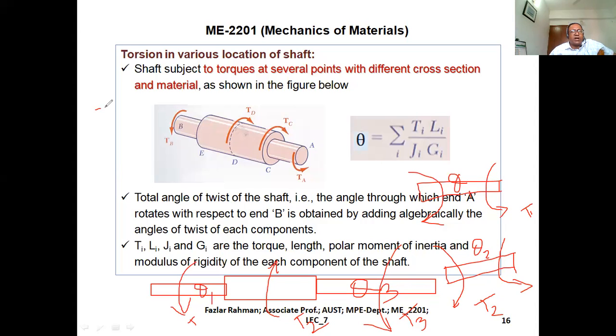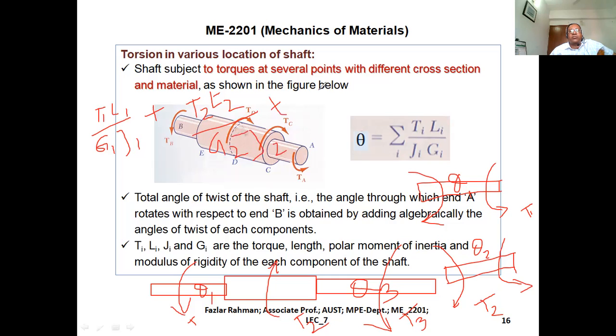So for shaft 1, you will have T1 L1 divided by G1 J1, plus you will have shaft 2, torque T2, length L2, then G2 J2.